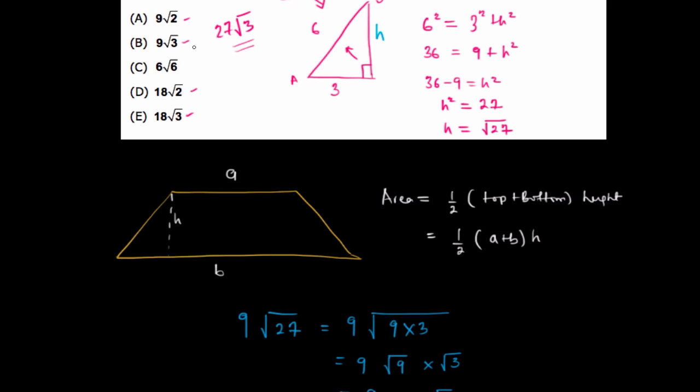Another thing you can do is check the last option there, which is 6 root 6, which is the same thing as the root of 36 times 6, and what we have here is 27 root 3, which is the same thing as the root of 27 squared times 3. So obviously, when you look at these two, they are not the same thing.